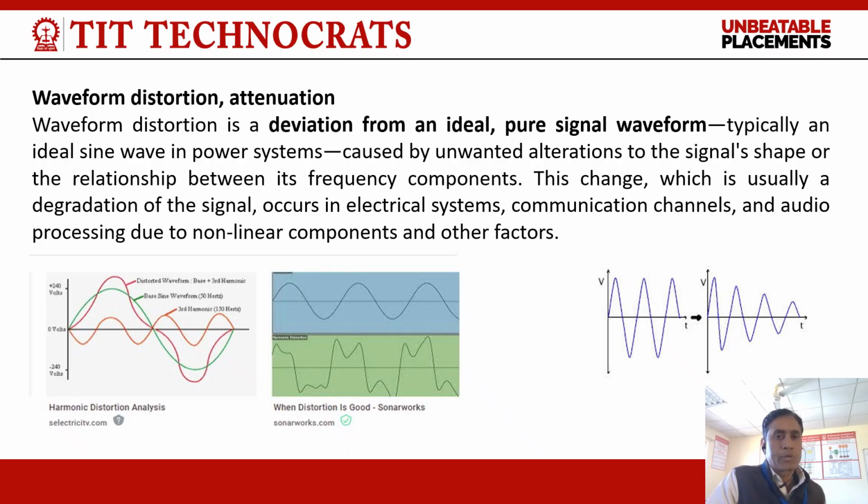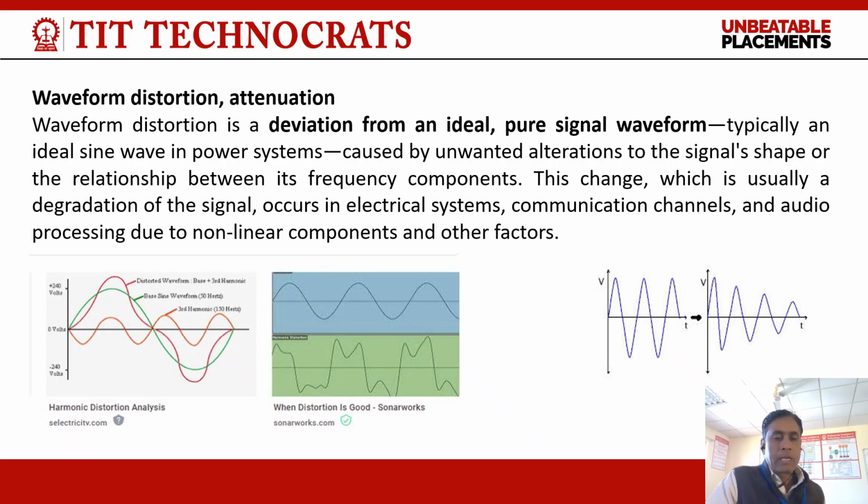Next, waveform distortion and attenuation. Waveform distortion is a deviation from an ideal pure signal waveform, typically an ideal sine wave in a power system, caused by unwanted alterations of the signal shape or the relationship between its frequency components. This change, which is usually a degradation of signal, occurs in electrical systems, communication channels, and audio processing due to non-linear components and other factors.